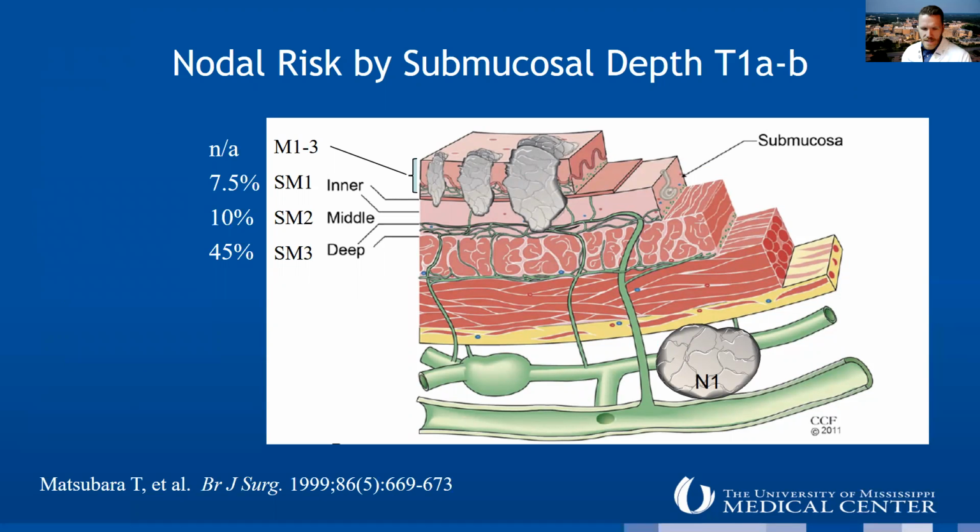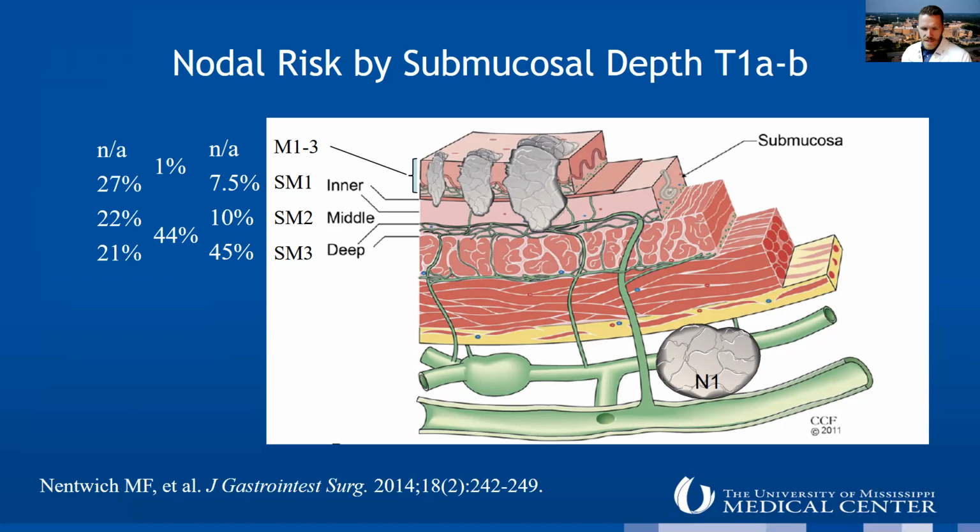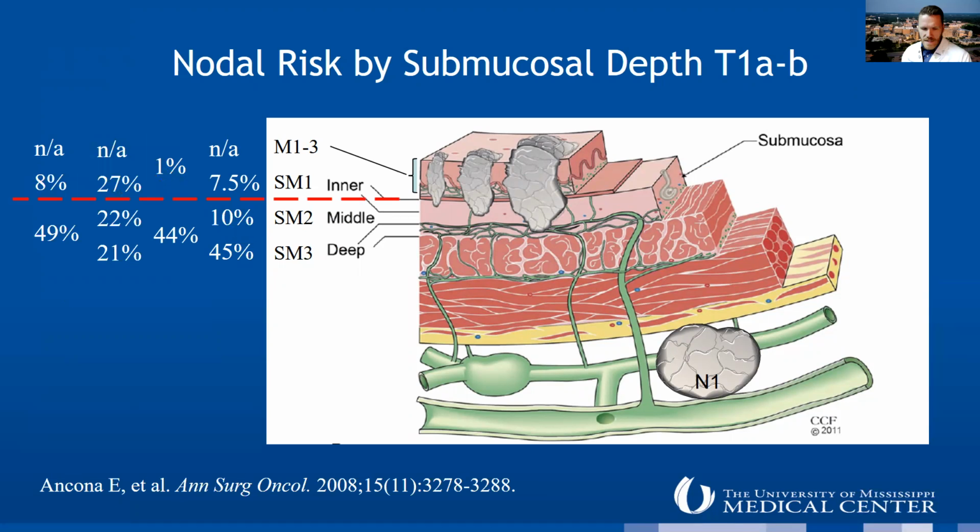So anywhere from 1%, 7%, 8%, generally speaking, there's a bit of a dividing line at the submucosa. SM1, the superficial submucosa, has a low rate of nodal metastasis, not 0, but close to what we would think of as mucosal disease still.